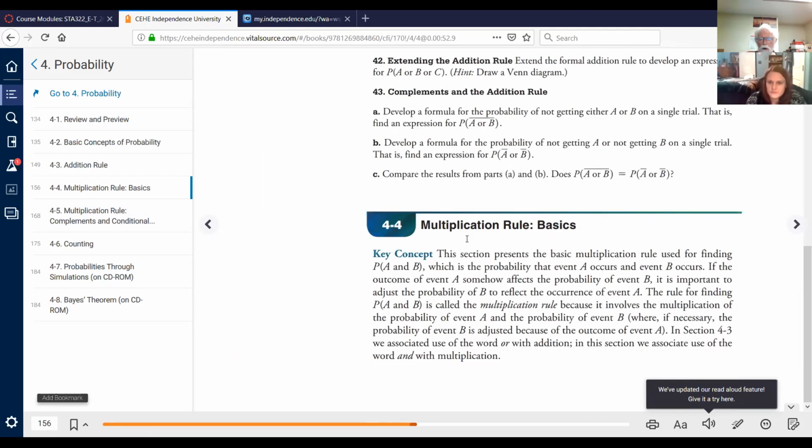So when we have two possible events, or the events that we're talking about, we can actually multiply them together. Remember, multiplication is a simple way of adding the same number repeatedly. But we're looking here where the probability of each outcome doesn't have to be exactly the same.